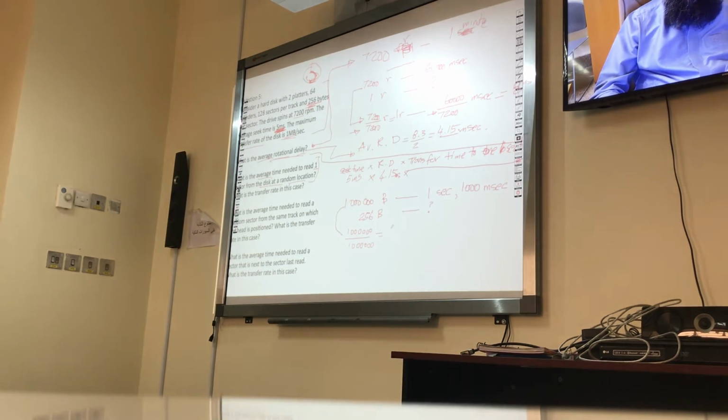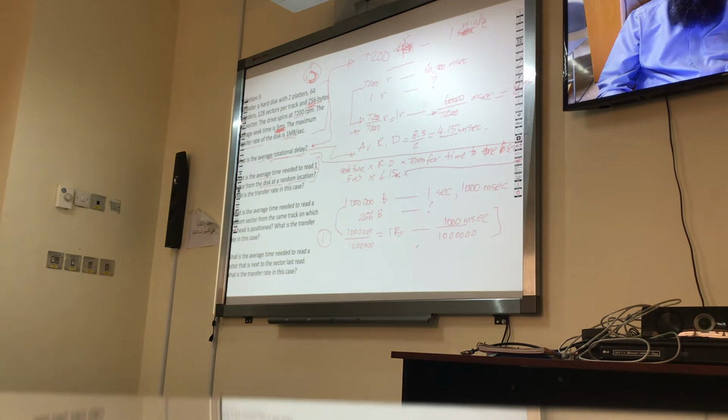So this says 1 byte. This is step number 1. I find the time for 1 byte, not 256 bytes, because that's a bit difficult. So 1 byte will get transferred in 1000 milliseconds divided by 1 million, to keep the equation balanced. This is how much time it will take to transfer 1 byte.